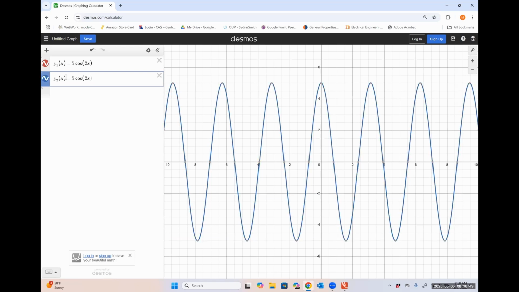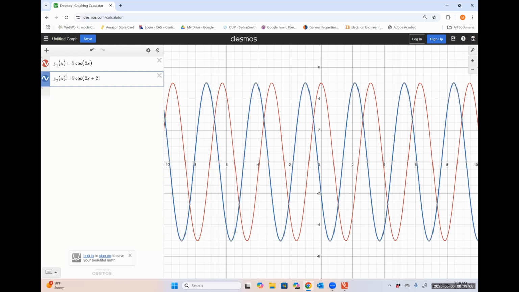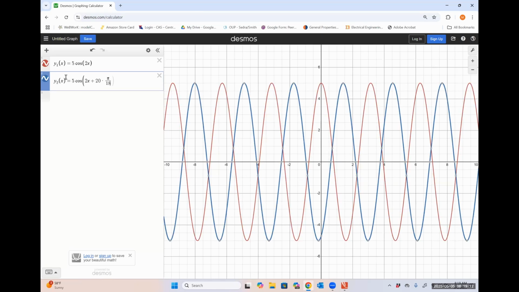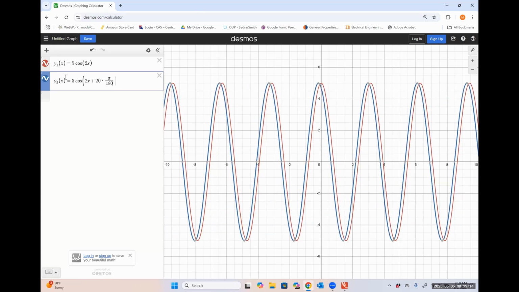And now I'm going to introduce some phase angle. So let's start with a positive phase angle. So let's just say plus 20 degrees, okay? So by default, this application is using radians as the default angle. So to do 20 degrees, I'm going to do 20 times pi over 180 to convert both of our angles into radians, okay?